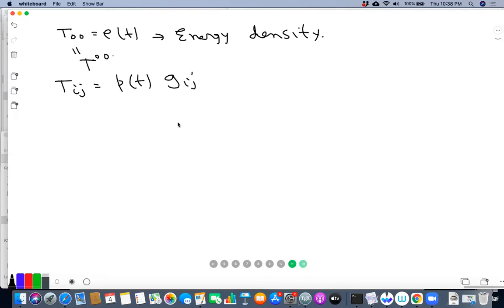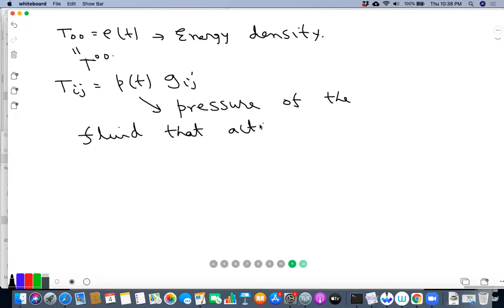And what we learned from the previous analysis is that P has the interpretation of the pressure of the fluid that acts as the source of T mu nu. Later on we'll see what this fluid consists of.